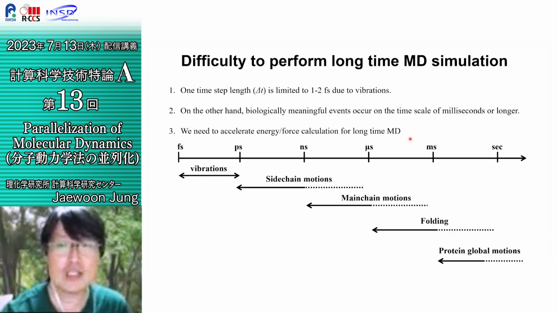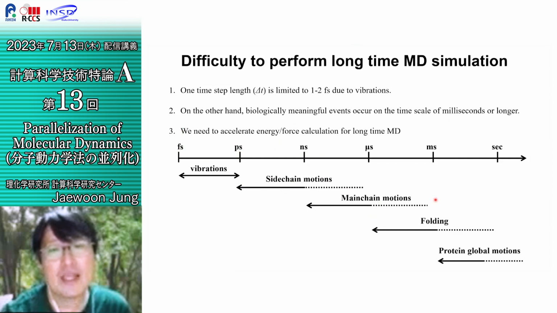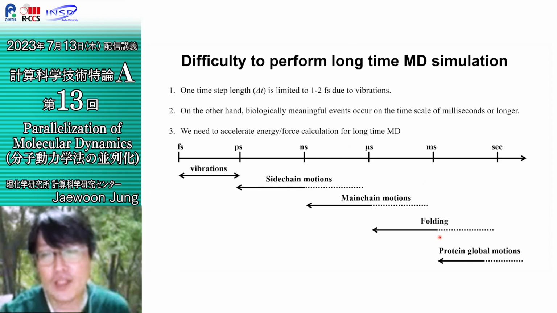So you can see just this one. Atom vibration has a time scale from femtosecond to picosecond. And for biological system, some side chain motions have a time scale from picosecond to nanosecond. And protein main chain motion occurs at microsecond time scale. And in many cases, we are interested in the protein folding. But protein folding requires millisecond level.